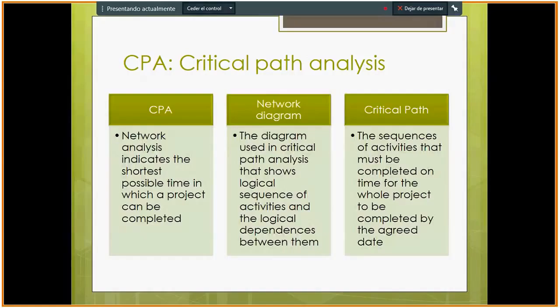Critical path is the sequence of activities that must be completed on time for the whole project to be complete by the agreed date. In the next slide, I am going to talk about more of CPA.